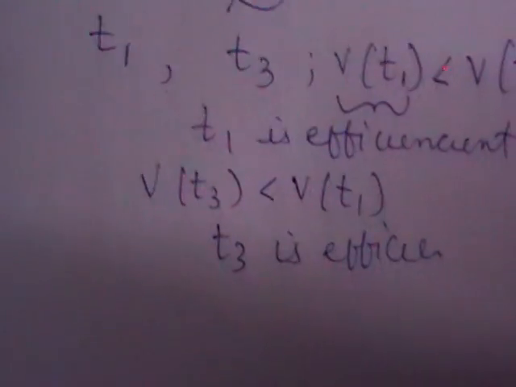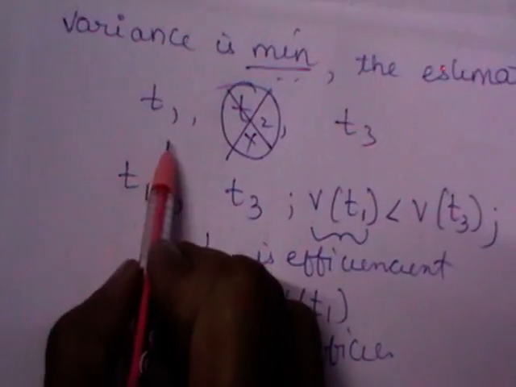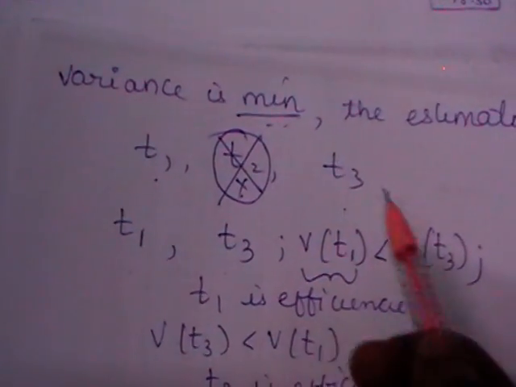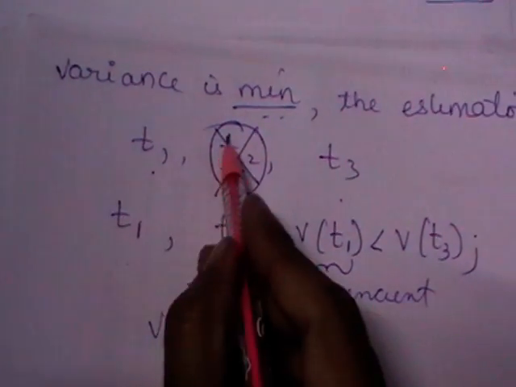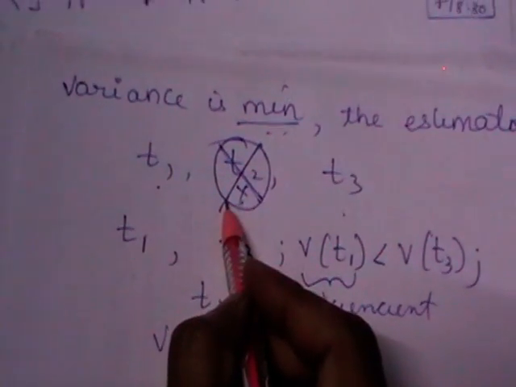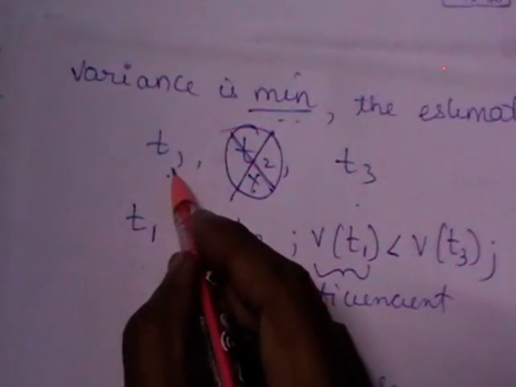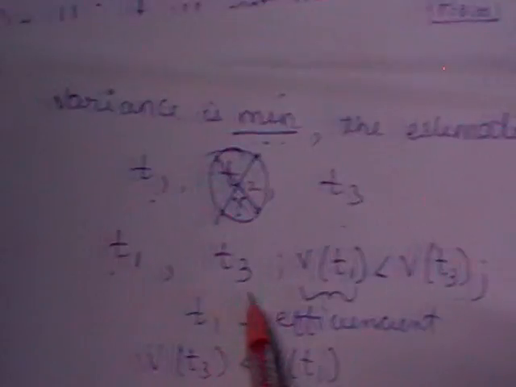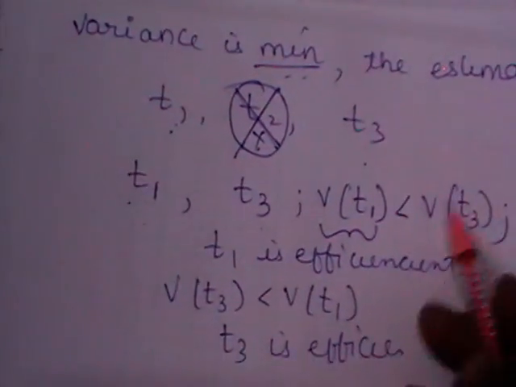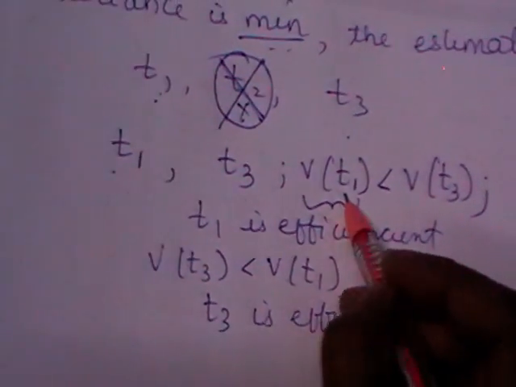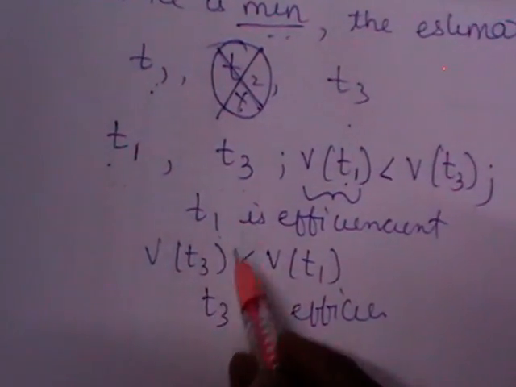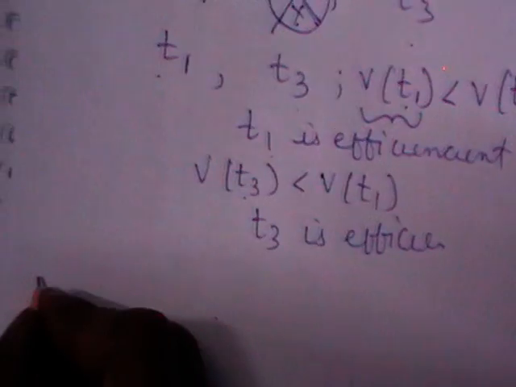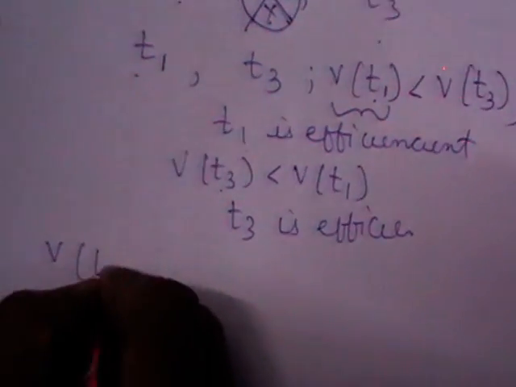It should be unbiased to check with variance. Clearly, T2 is not an unbiased estimator. So the variances you should compare are the variance of T3 and the variance of T1. If T1 has minimum variance, it becomes the efficient estimator. If T3 has minimum variance, T3 becomes the more efficient estimator.